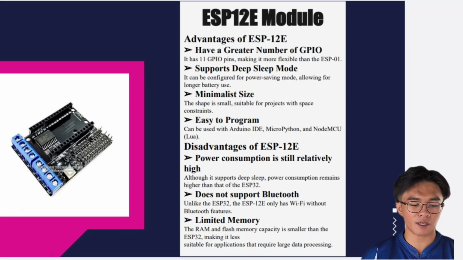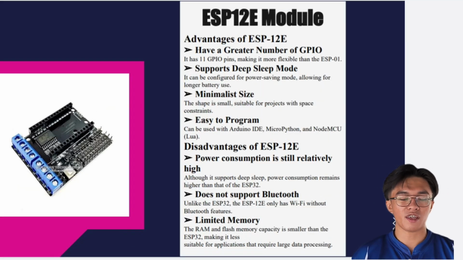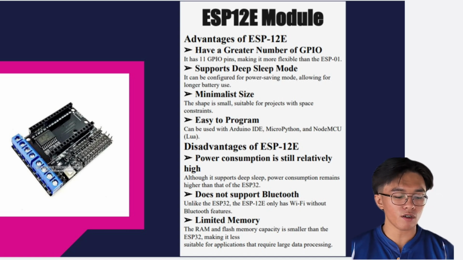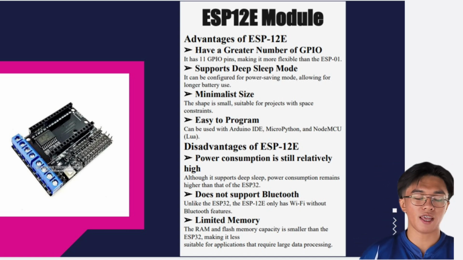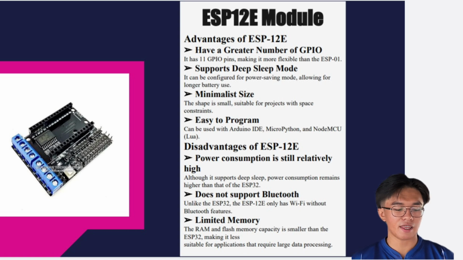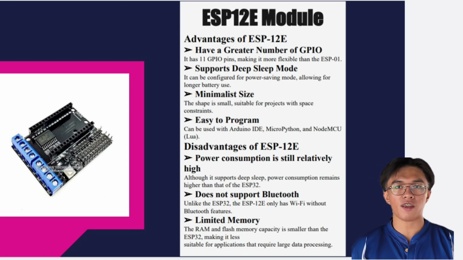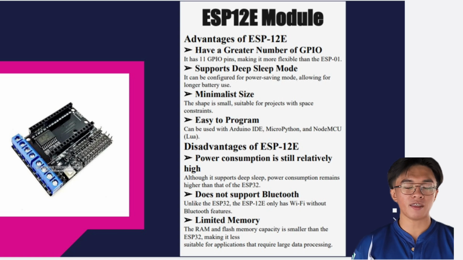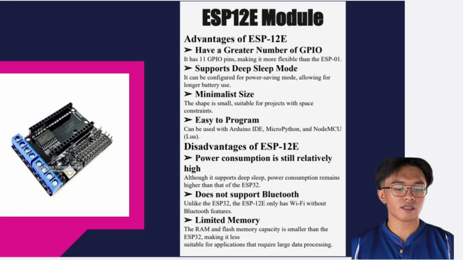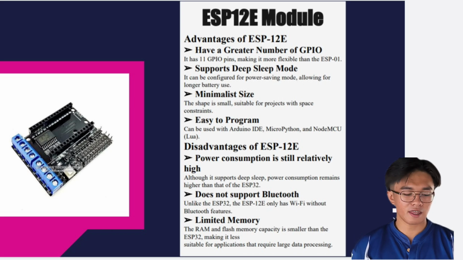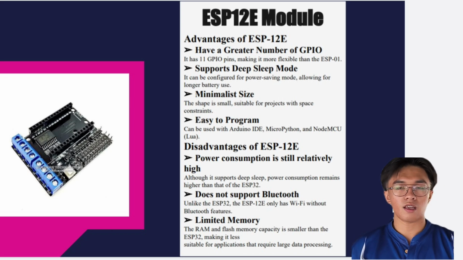And we use the ESP12 model because it has a greater number of GPIO, is minimally sized, and is easy to program. But the ESP12 model has a disadvantage: power consumption is still relatively high and it does not support Bluetooth.